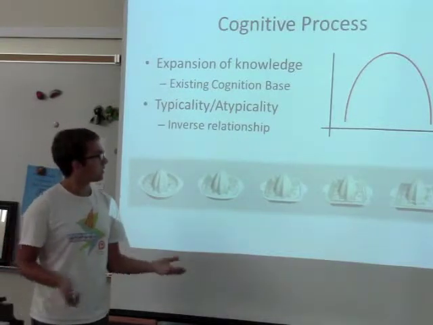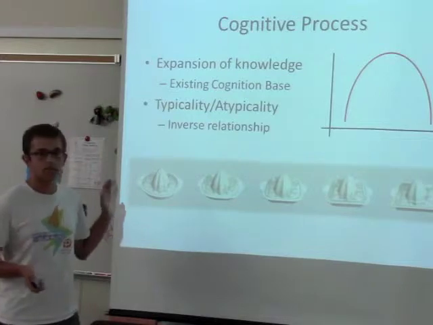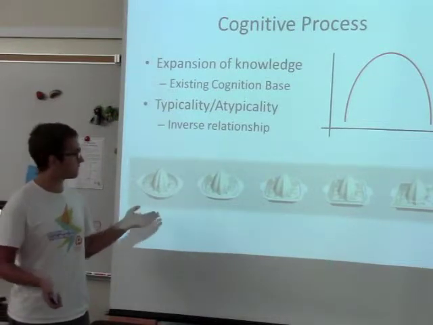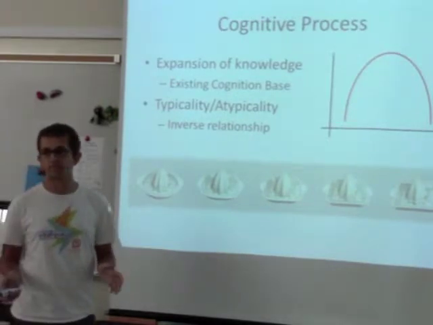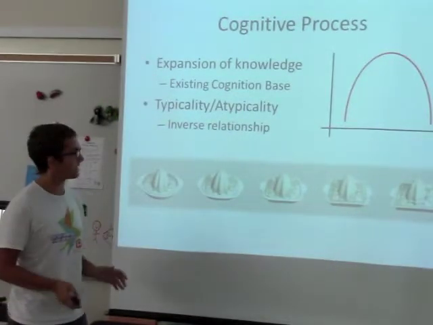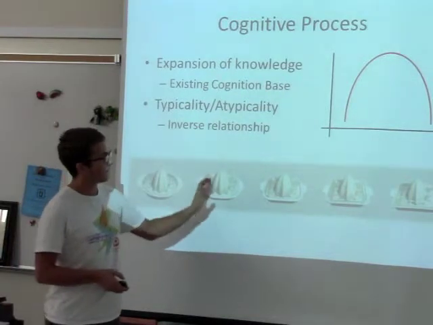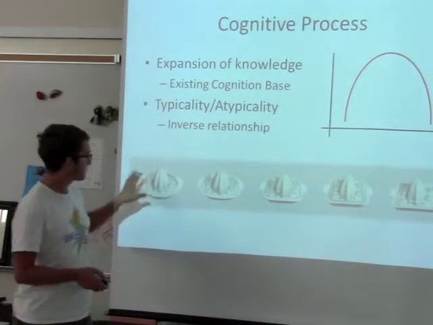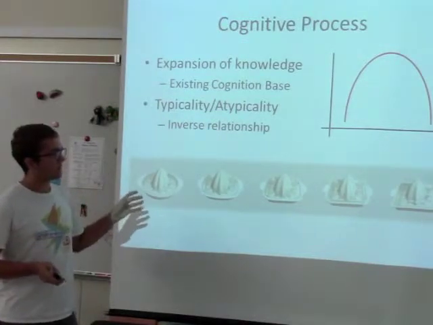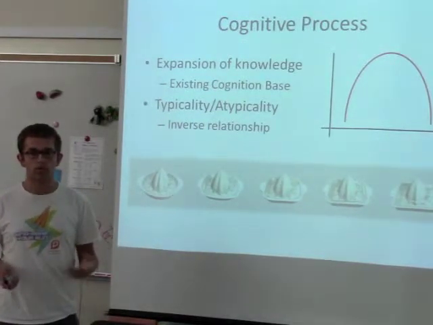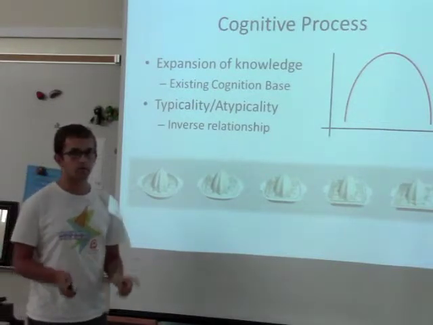And so it was found in studies that as an object got less and less typical, kind of like these juicers, you'll find that there are a lot of juicers used in examples here, so you might get to see a few more later on. As they moved away from what was considered the normal round juicer, the audience became more and more responsive and more pleased to the idea, up to a point.